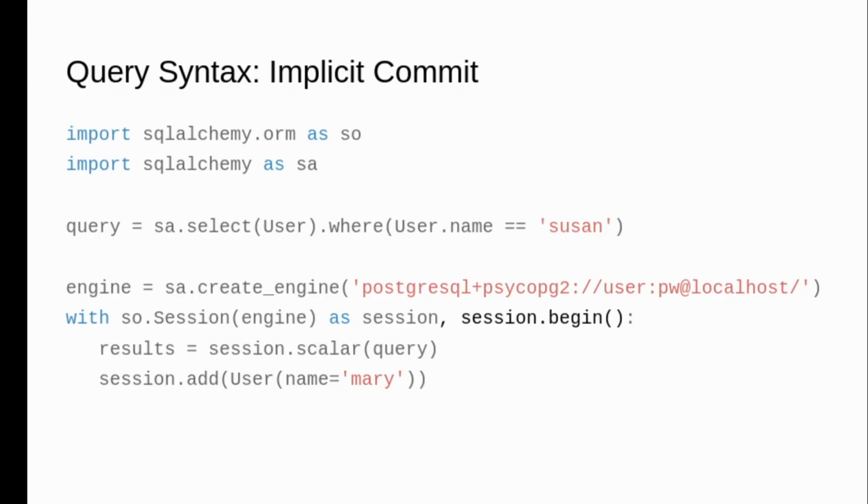And if you initialize the session with the begin method, then the session will be automatically committing for you when the context manager block ends. So this commits at the end if there are no errors. And if there are any errors, it will roll back the session and do everything to clean up the mess so that you can continue after this without any issues.